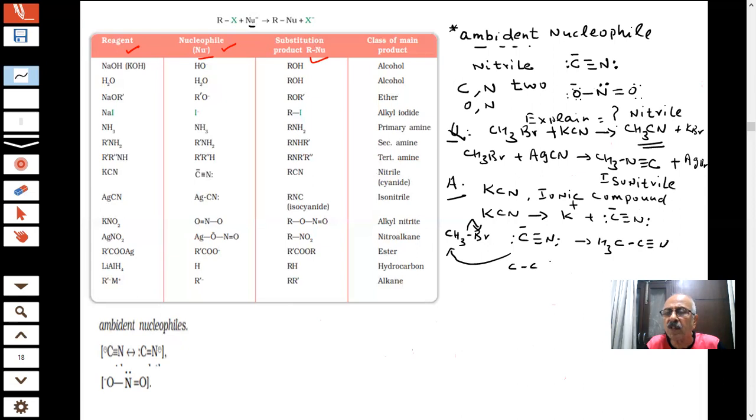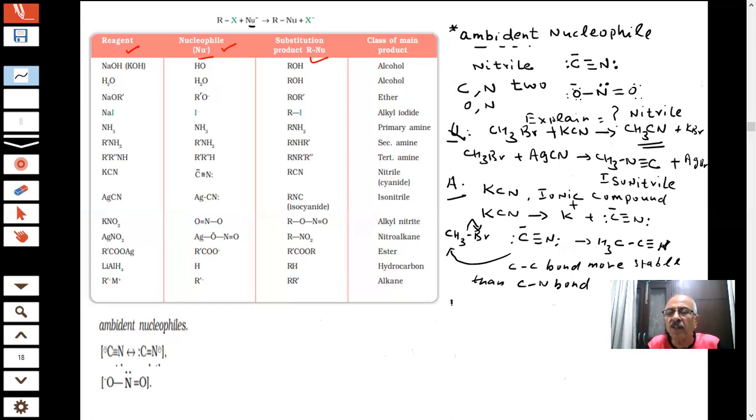Why? Because the C-C bond is more stable than the C-N bond. Therefore the product is ethane nitrile, CH3CN. The product is a nitrile.